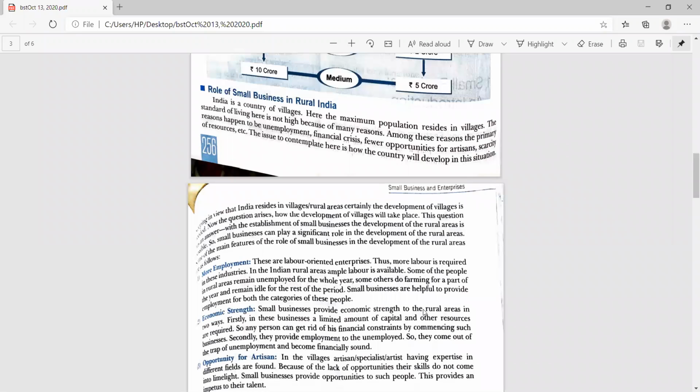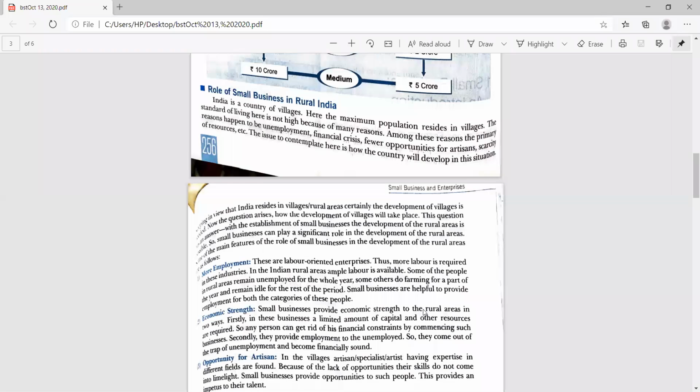Role of small business in rural India. We know that India is the country of villages. Here the maximum population resides in villages. The standard of living here is not high because of many reasons. Among these reasons, the primary ones are unemployment, financial crisis, fewer opportunities, and scarcity of resources.